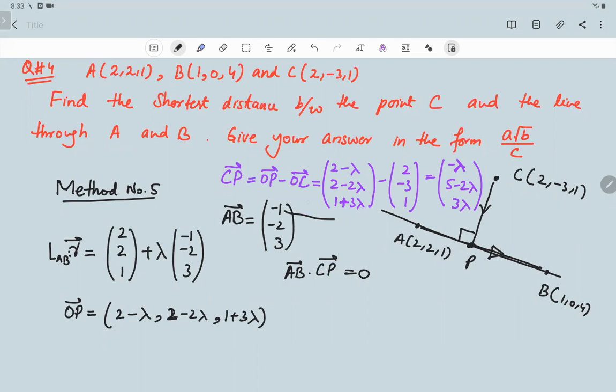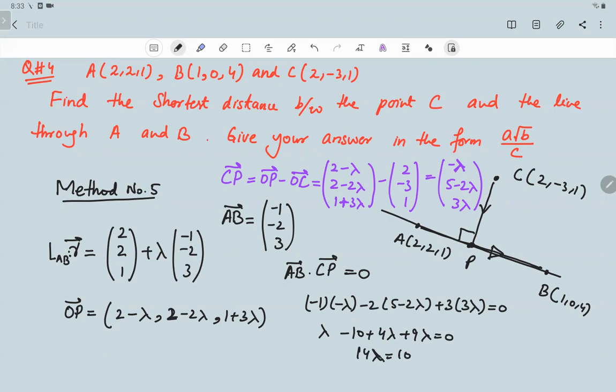We multiply these entries and equate them to 0. Fourteen lambda is equal to 10, and lambda is equal to 5 by 7.